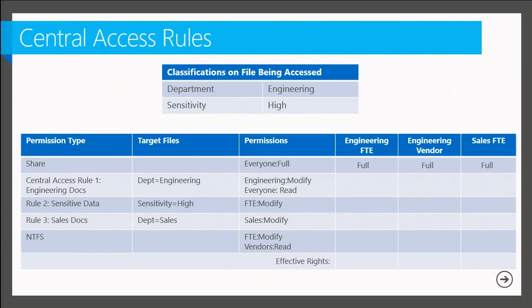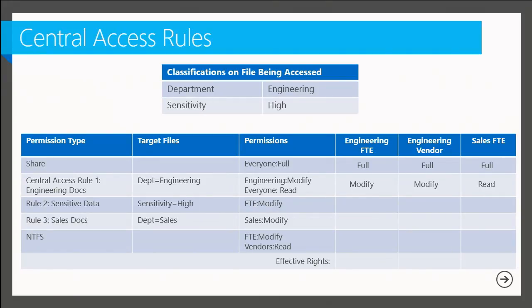Now what happens? The first thing we do is we evaluate the share level permissions. Everybody has full access. Let's go for it. Good. Then we look at this first central access rule. The file matches the engineering department, so it does apply to the file. We have an engineering FTE, therefore he has modify permissions. Engineering vendor, another engineering person, so we have modify permissions.